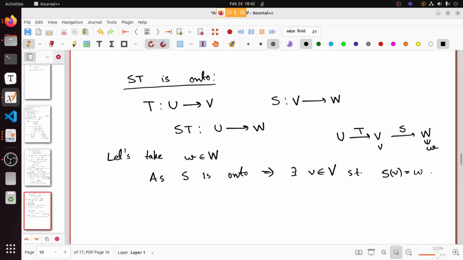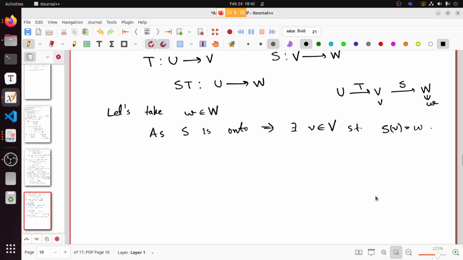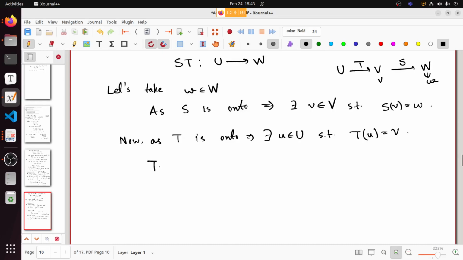Now again T is onto, so as T is onto, there exists a U in capital U such that T of U is V. Now let's compose S compose T of U. ST of U is S of TU.